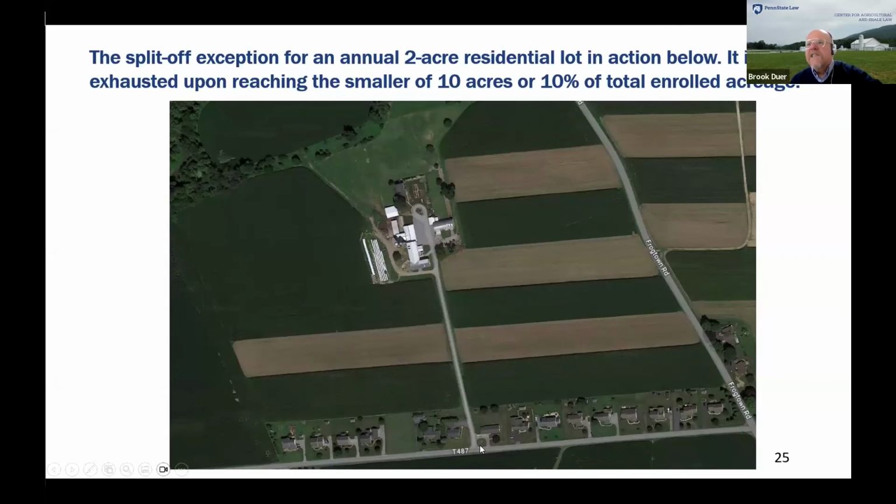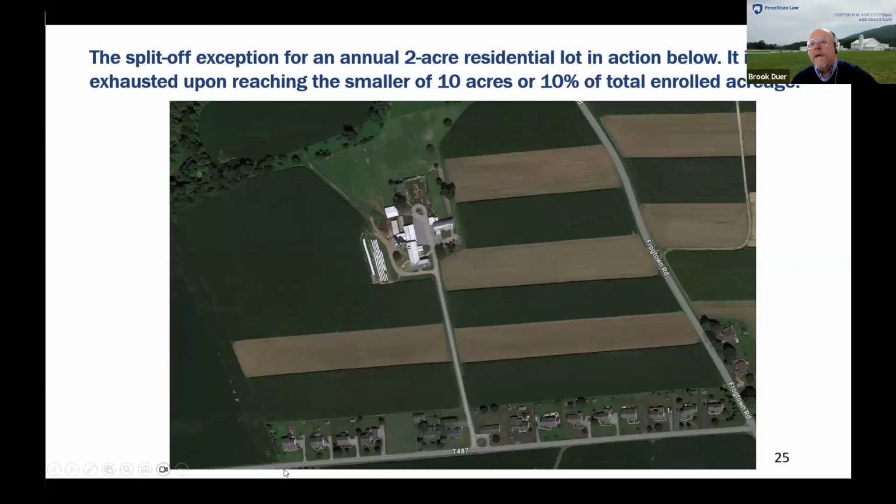That's it. You see it everywhere. And not only does it make logical sense without the clean and green statute, it's basically required under the clean and green statute for this farmer to maintain their preferential assessment on all this land.